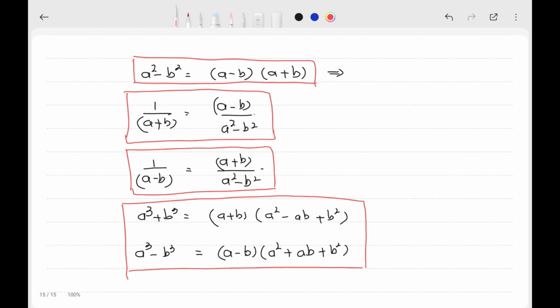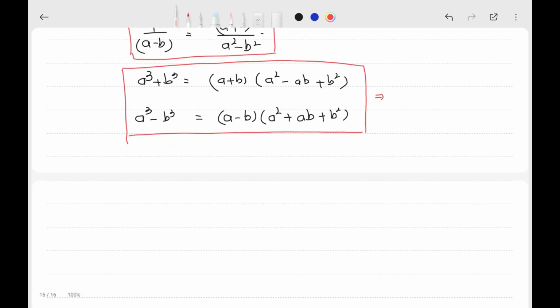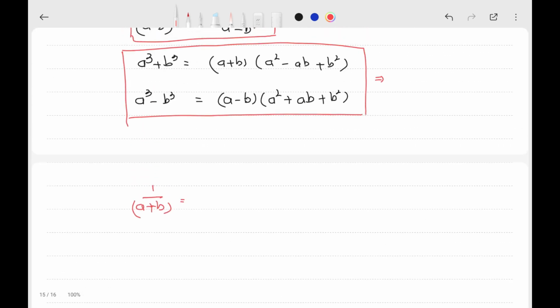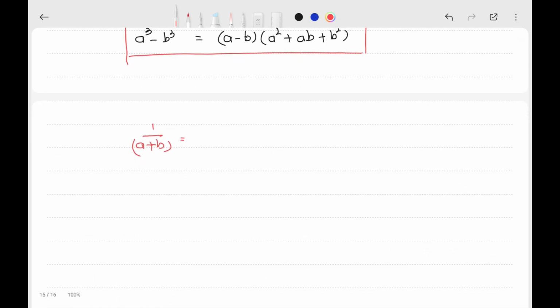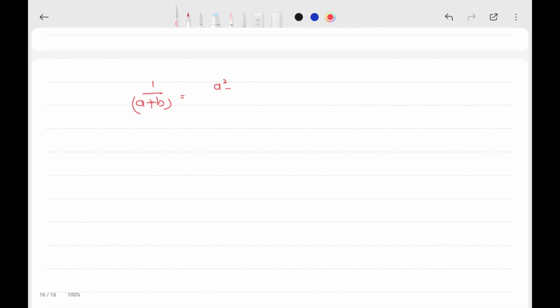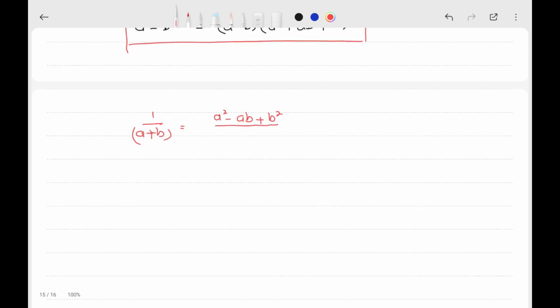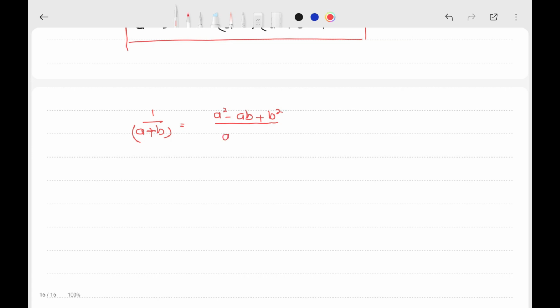And we can even say what is 1 by a plus b. If it is in cubed form, we can say 1 by a plus b is equal to a square minus ab plus b square whole divided by a cube plus b cube.